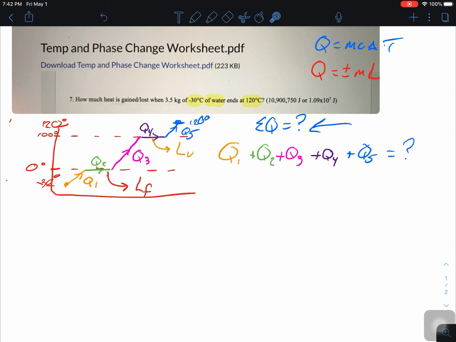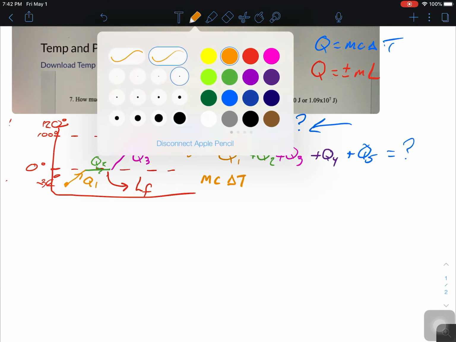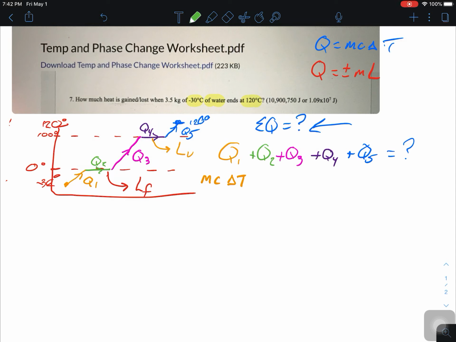So when we go through and we look at Q1, we can then say, is Q1 a temperature change or a phase change? And the answer is it's a temperature change. So because of that, that's MC delta T. Okay, and then what's Q2? Well, that's a phase change. So it's a plus or minus, and we have to decide, is it the plus or is it the minus?